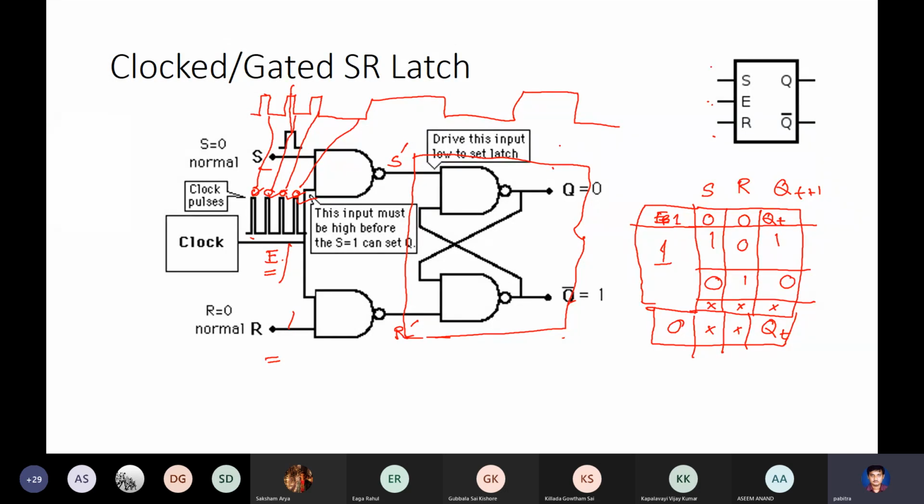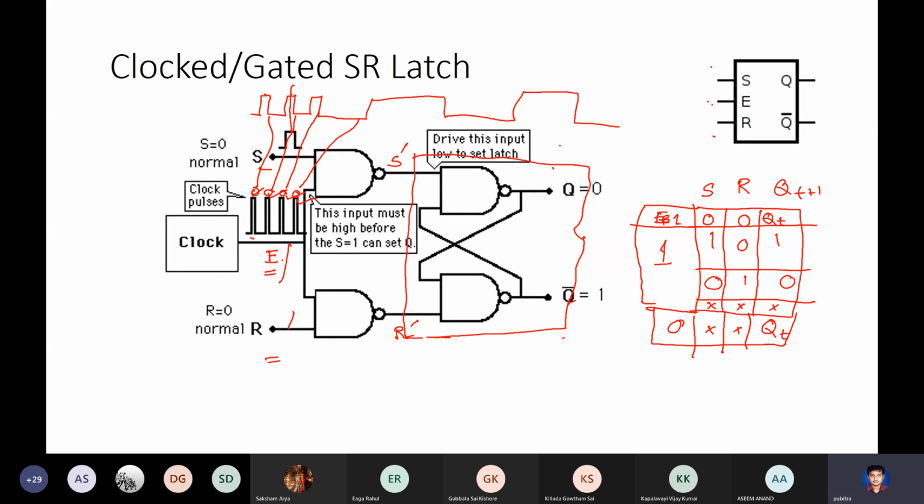All of them will respond to the value of the input at that snapshot in time at which the high of the clock pulse happens. So there is a notion of time. There is a timekeeping. There is a clock. At that moment of time, whatever is the input across all the latches, that input will be considered, and the output will change also only at this time.